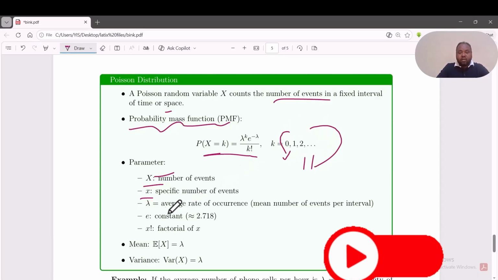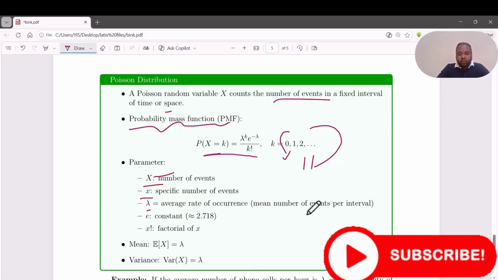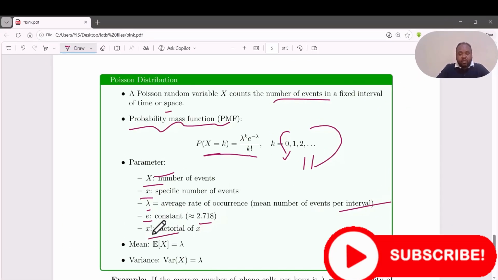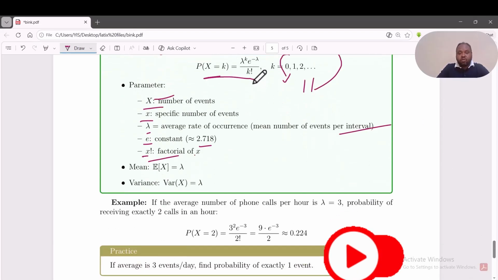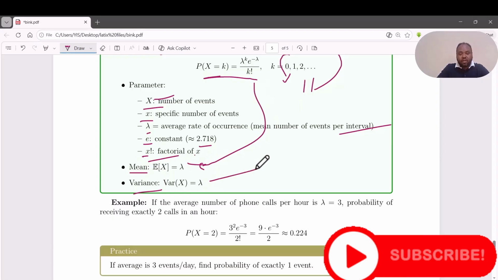This lambda is the average rate of occurrences, the mean number of events per interval, which is constant, and k factorial is given by this. From this probability distribution we can also find the mean, lambda, and the variance, also lambda.